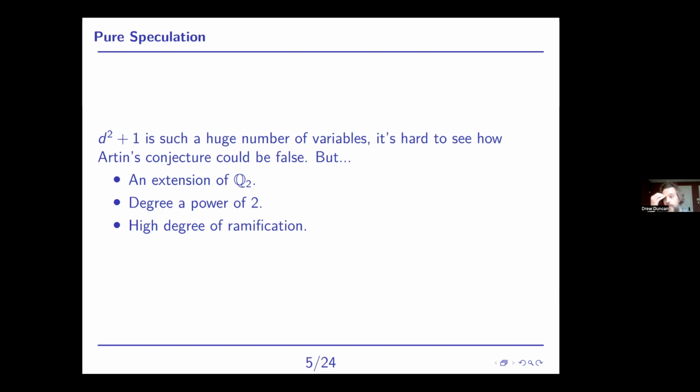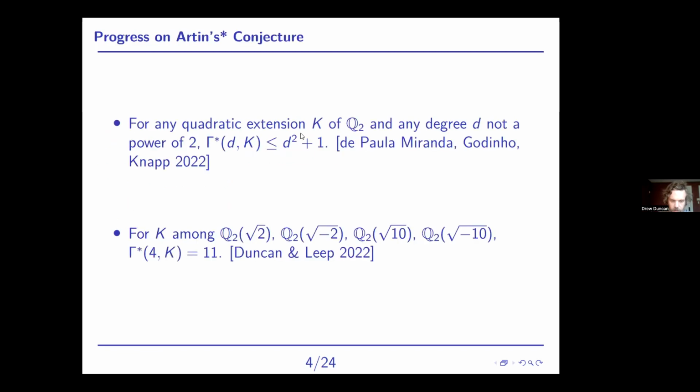So if someone were to pressure me into saying where I would expect to find a counterexample, I would say that it would probably be an extension of Q2. The degree of the form would probably be a power of 2, as we see in this result that I mentioned from myself and David Leap here.